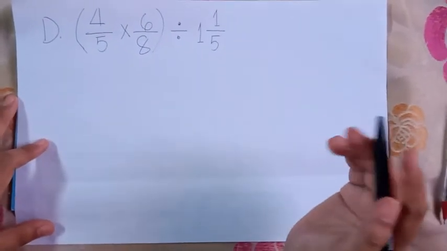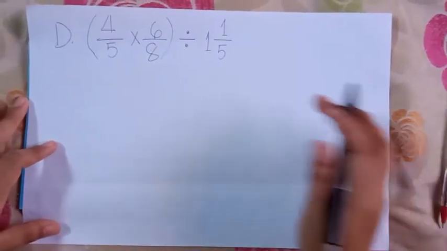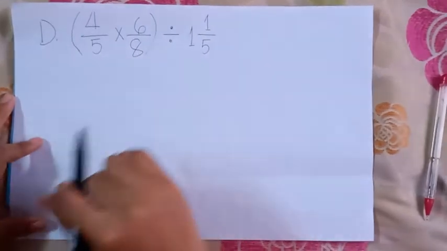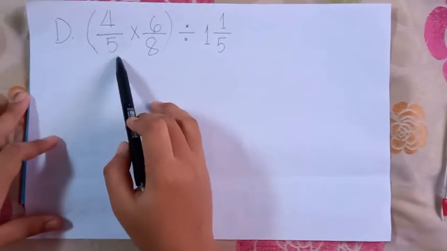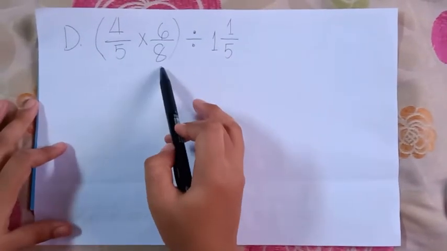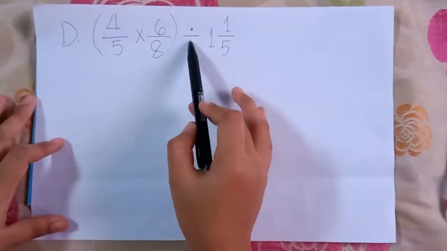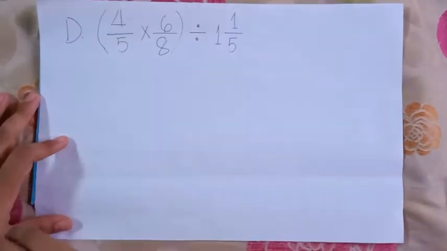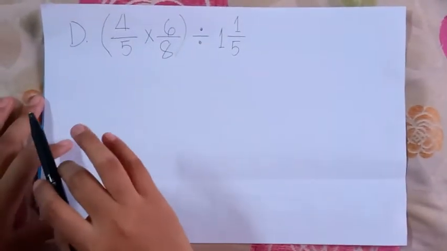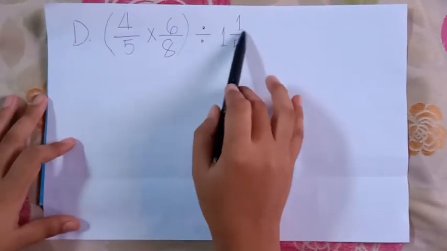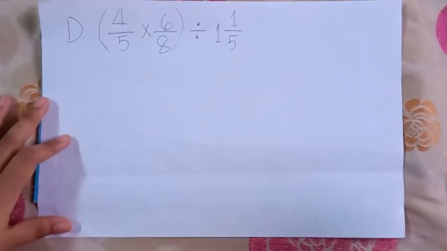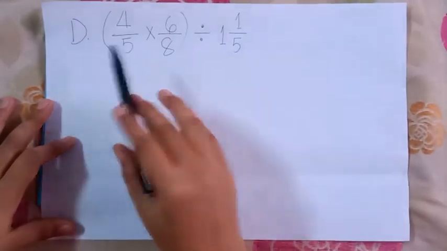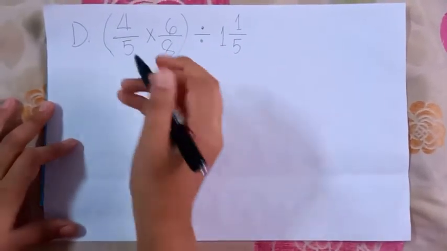So we'll just follow the rules applied with the operations. The first thing you need to do is convert your mixed number, to enable us to have continuous solving later. So we'll just copy this one first.